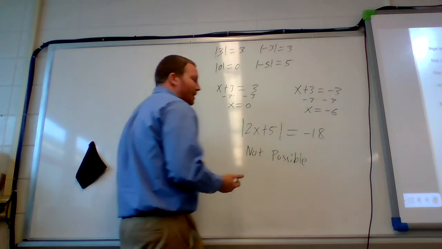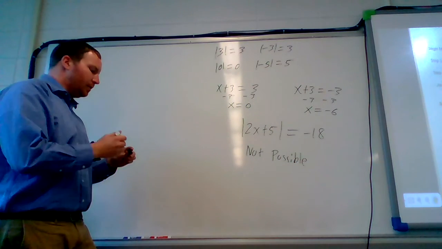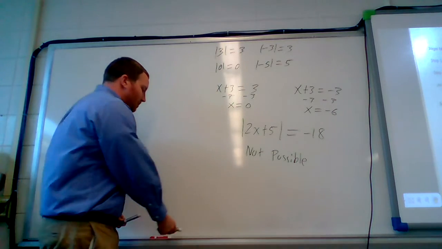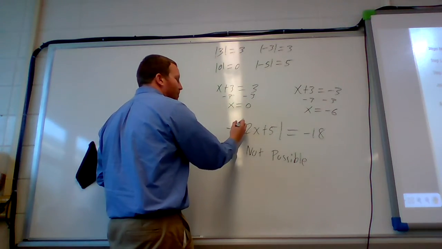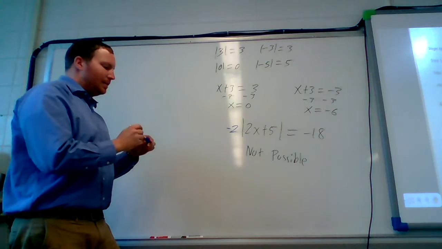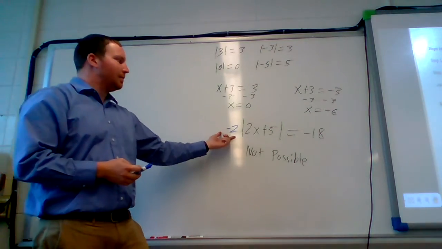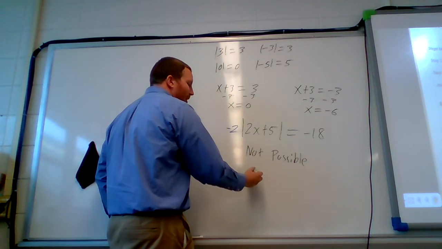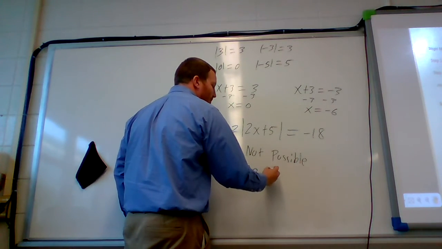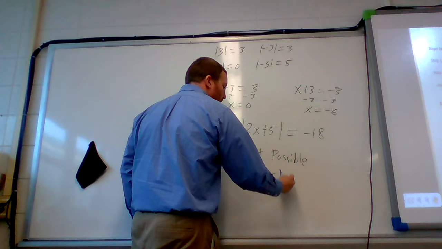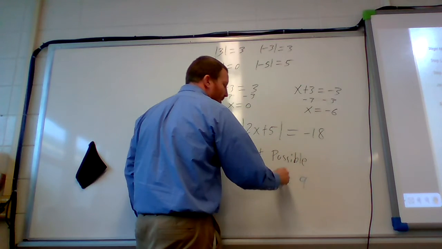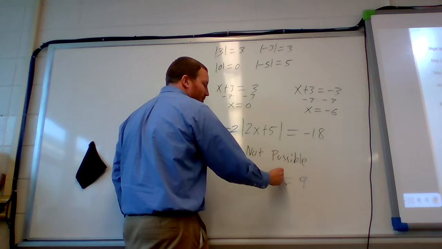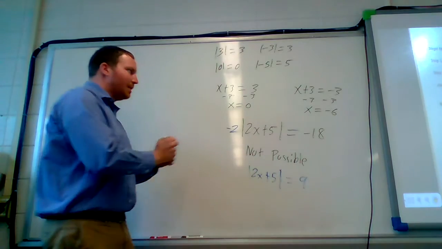However, we could make it possible if we had a negative number out front. In which case, to move it over, we would have to divide by that negative 2, and then that would leave us with the absolute value of 2x plus 5 is equal to 9. That is possible. Then we would solve just like we did the one above it.